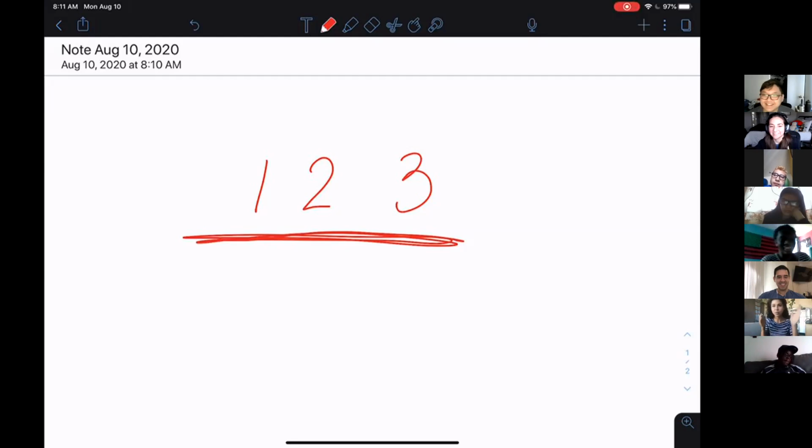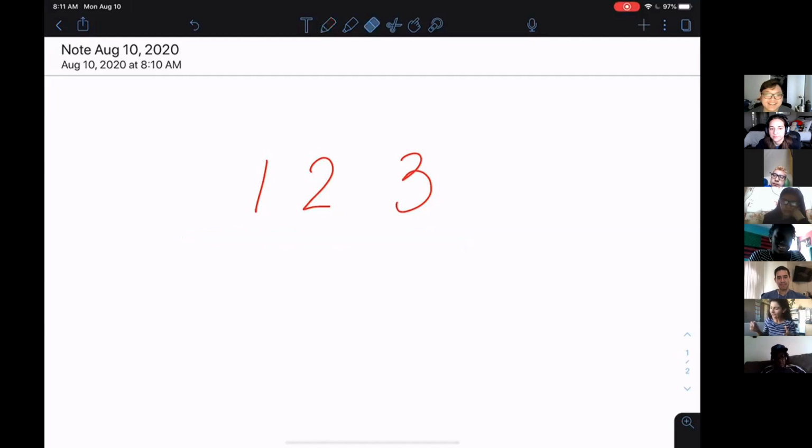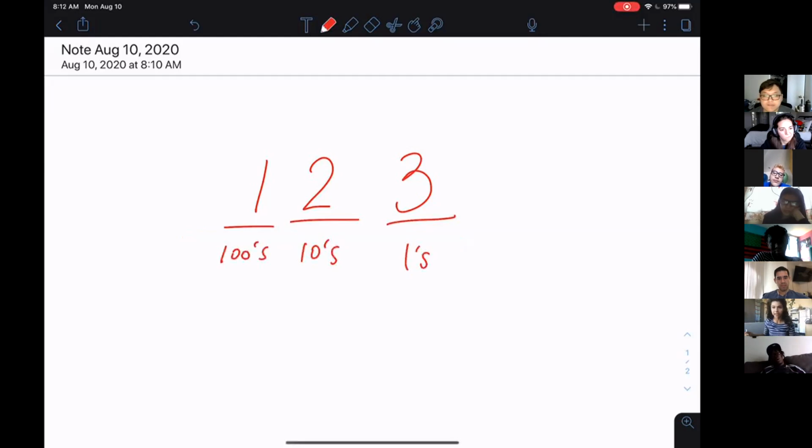So I could see this as 1, 2, 3, but more specifically, I'm reading this as 123, and that's not by accident. It's because this guy here is in the ones place. This guy you learned back in kindergarten is the tens place, and this one is in the hundreds place. So really, we're doing some math in our head really quickly.